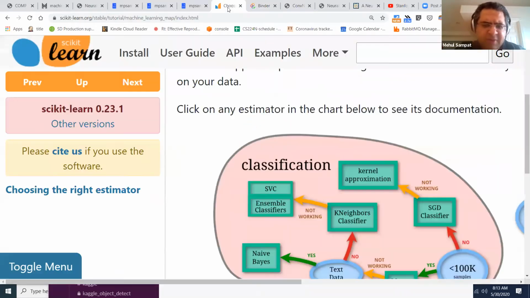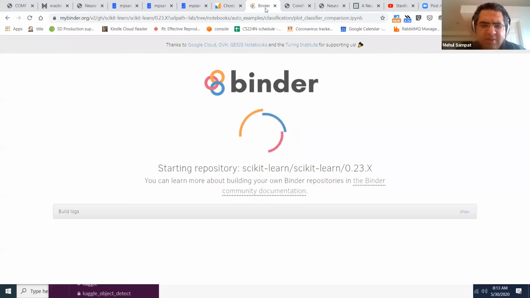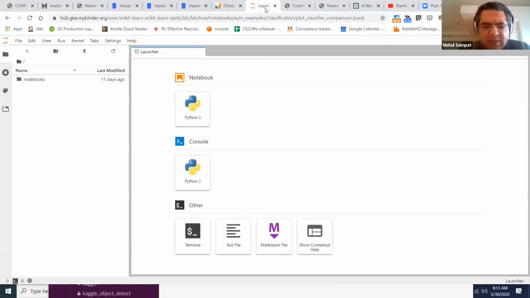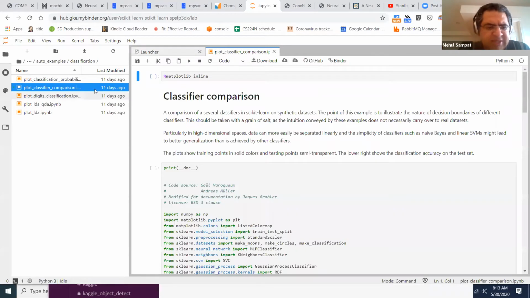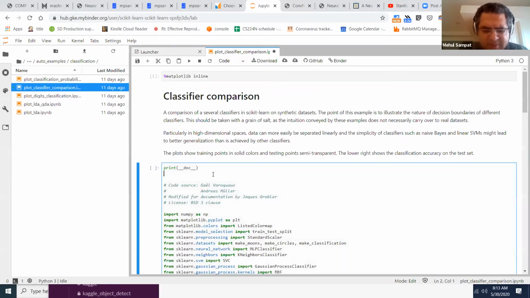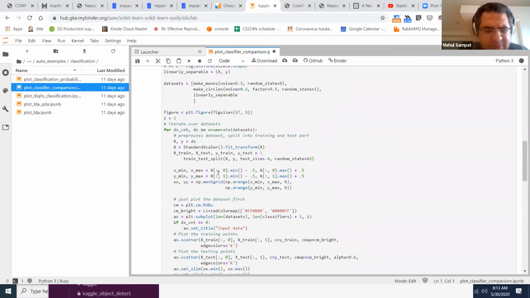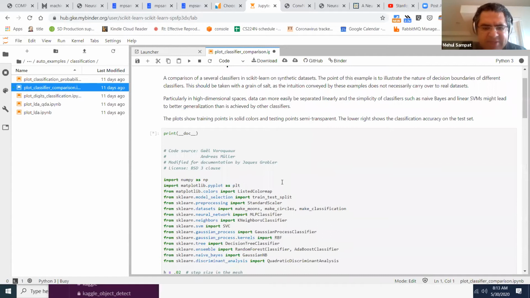I have a couple of examples where we can launch the script in Binder and then just run it. So in this case, this is your IPython notebook, and let's see. Shift enter. That's running. Okay, that's good. It's executing now.